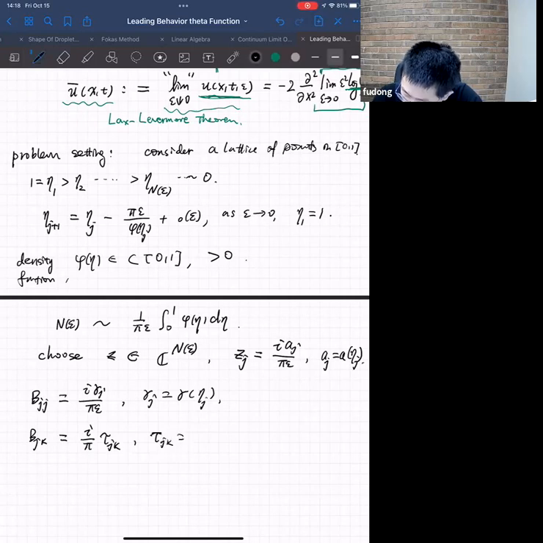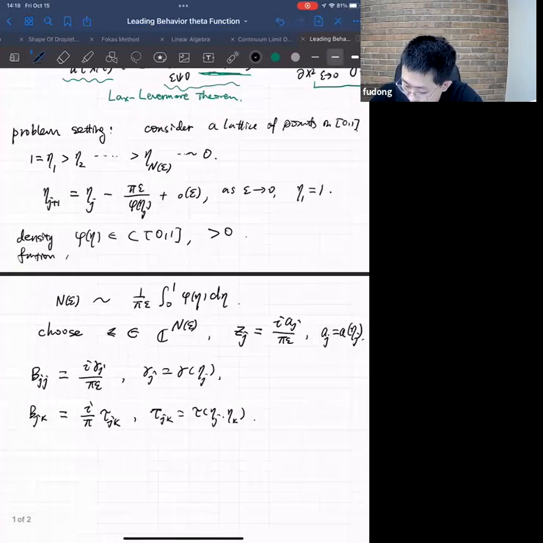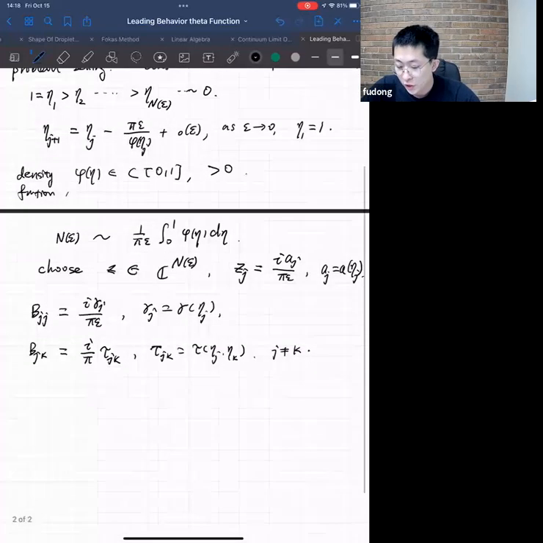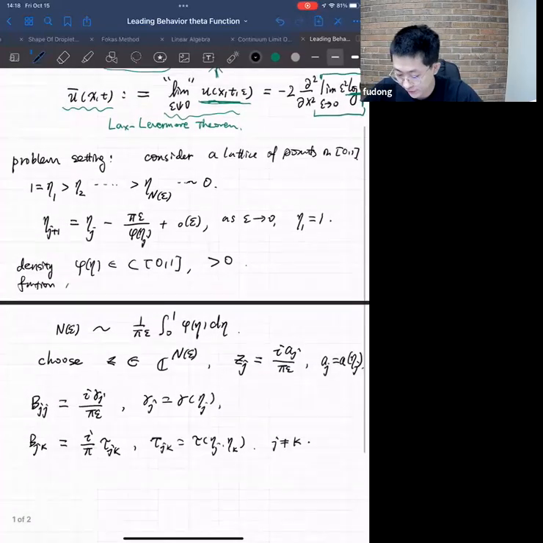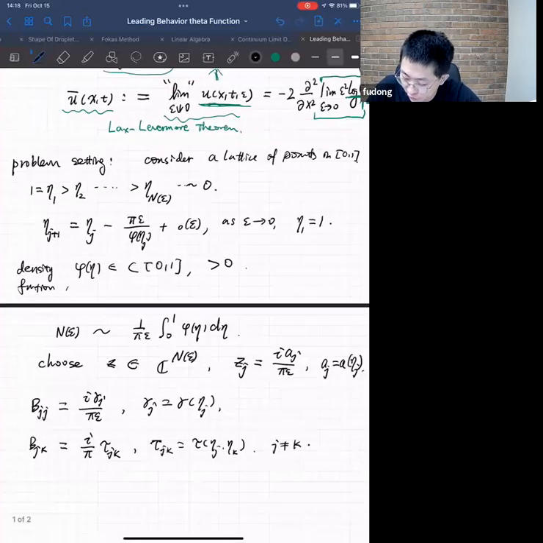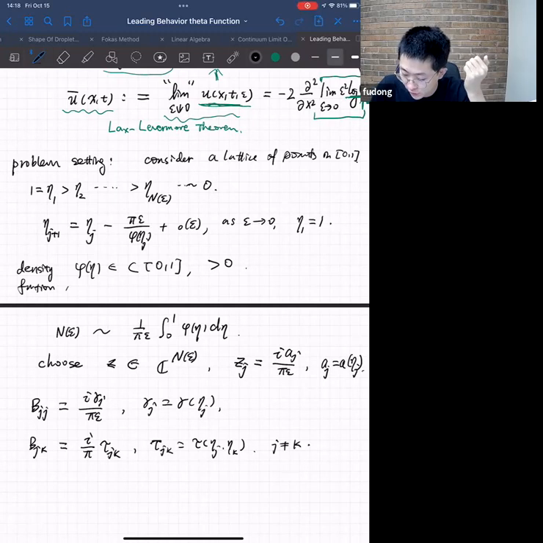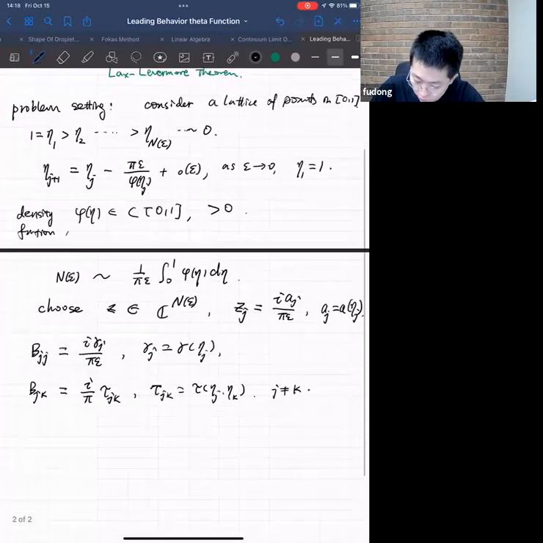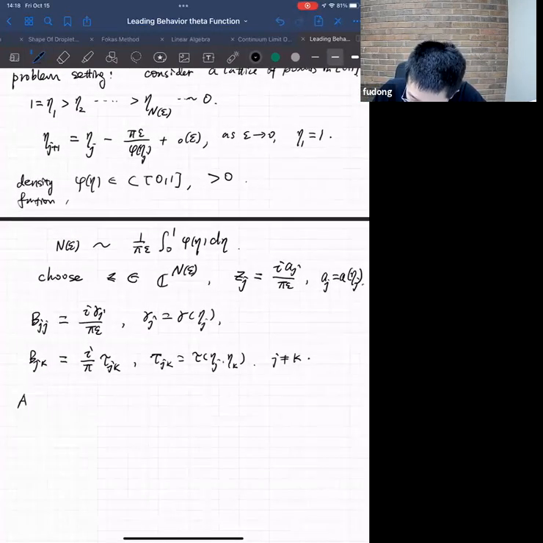Tau jk is tau of eta j, eta k, and j not equal to k. So that's how we define the theta function. We have two things, Z and the B matrix.